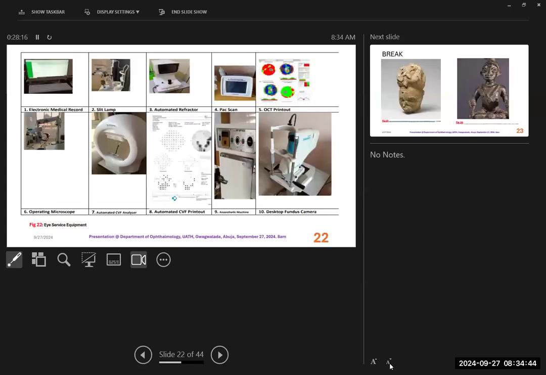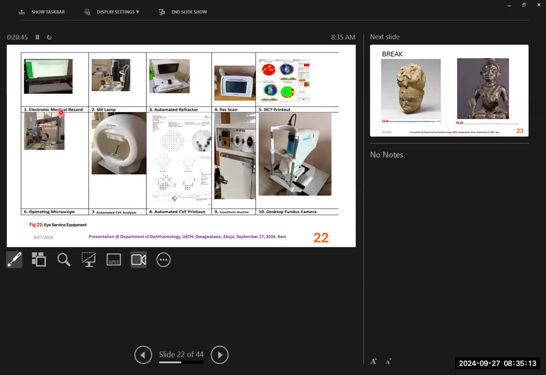So this picture was taken here. We just put them together, ranging from the desktop at the medical record point. Then one of our slit lamps, then this automated refractor here. Then the pack scan, the printout from our OCT.